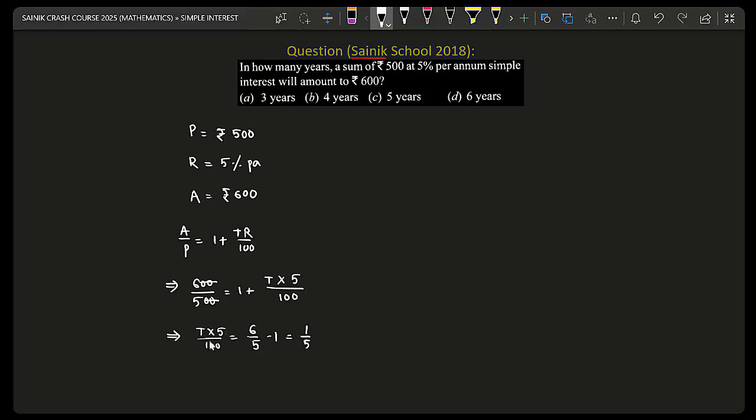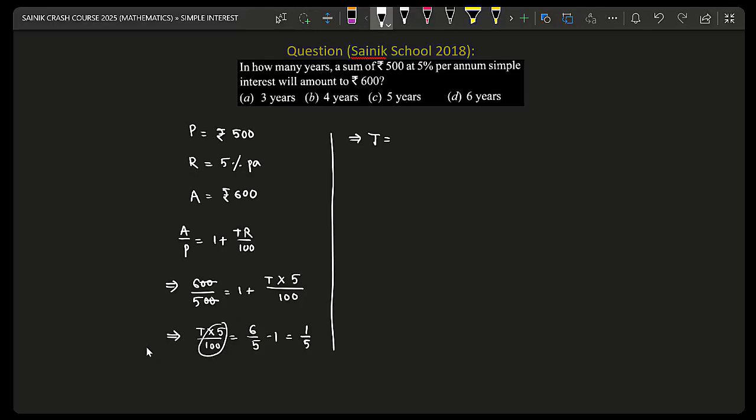Now I want the value of T. T into 5 by 100 equals 1 by 5. Transpose the fraction 5 by 100.